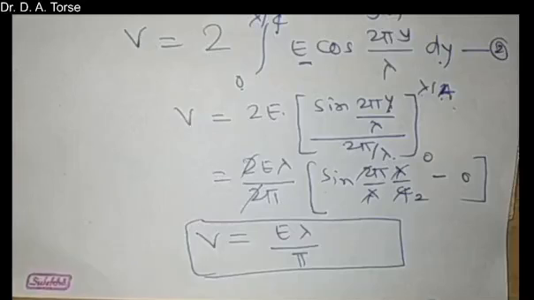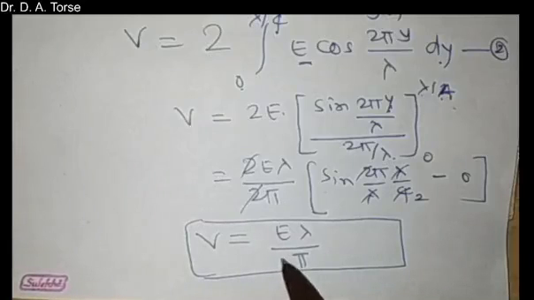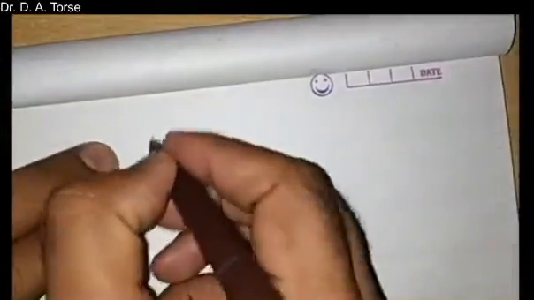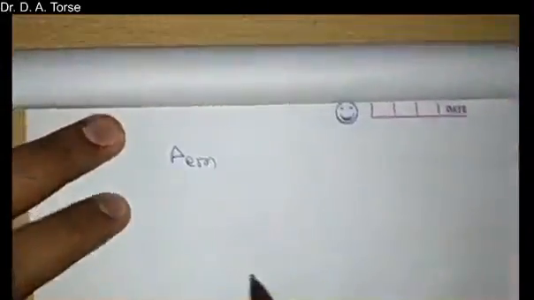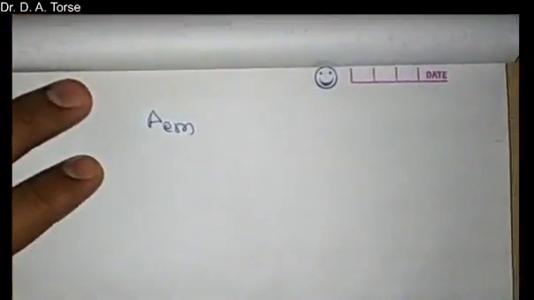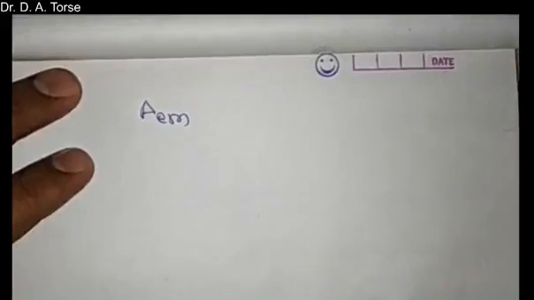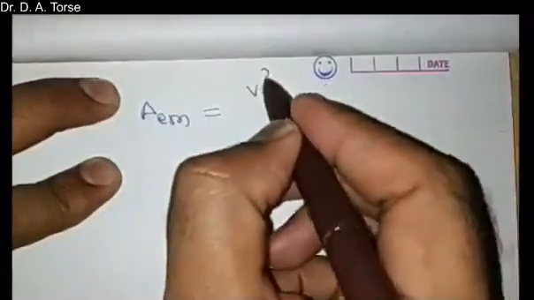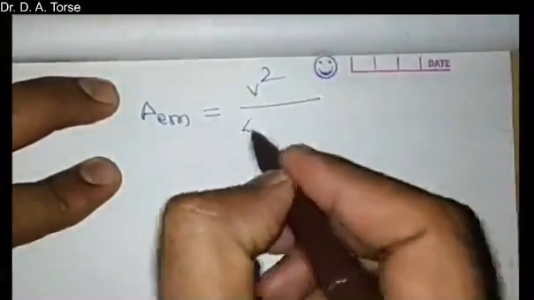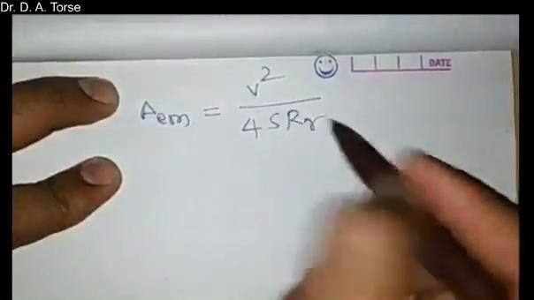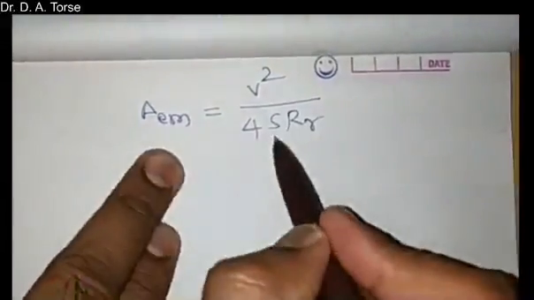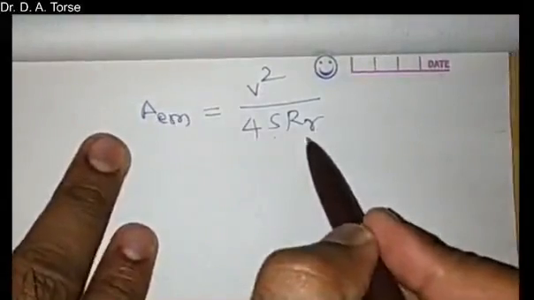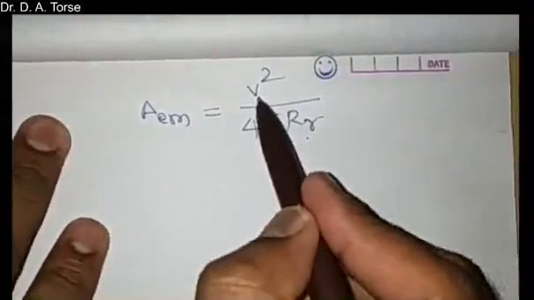Now we make use of this voltage V in the equation of A_em. We have studied this equation for the maximum effective aperture in the previous derivation as V square divided by 4 S R_R, where S is the Poynting vector, R_R is the radiation resistance, and V is the induced voltage.